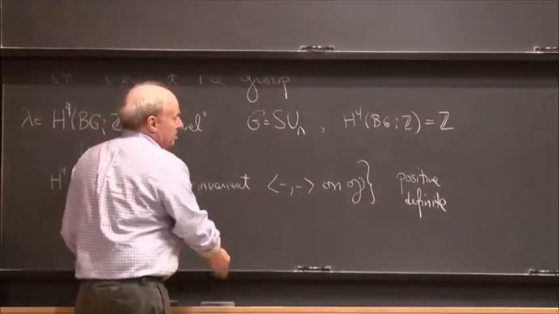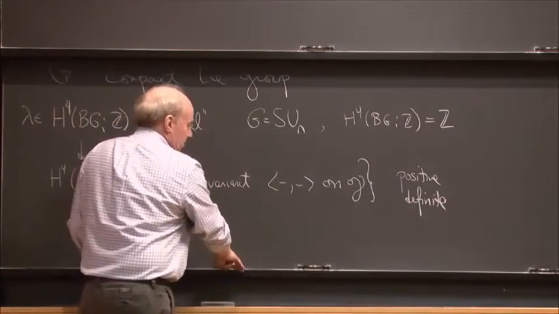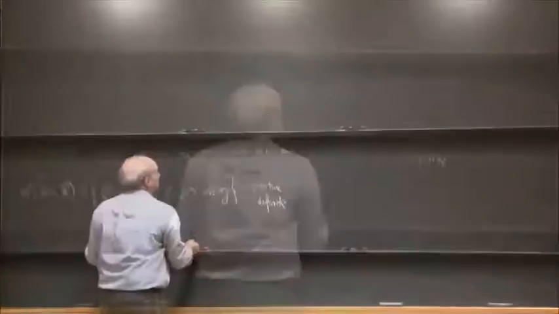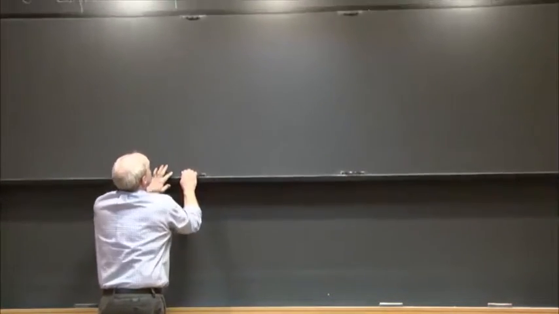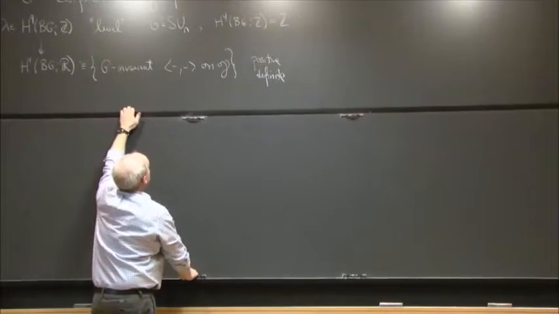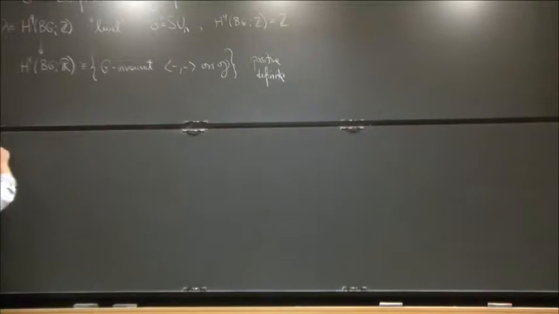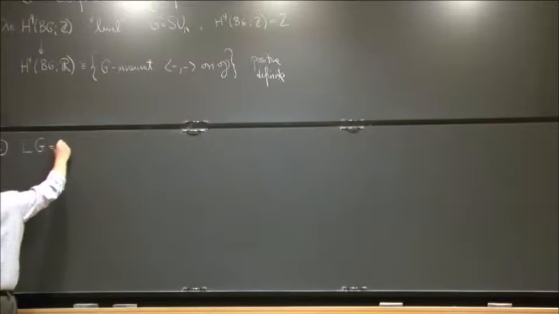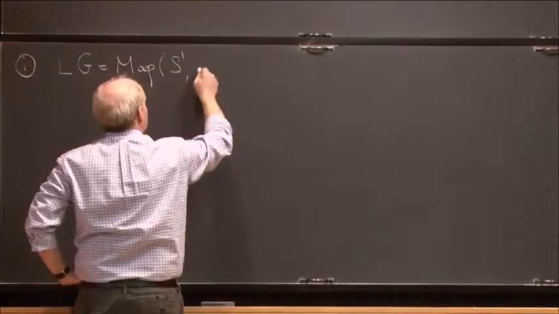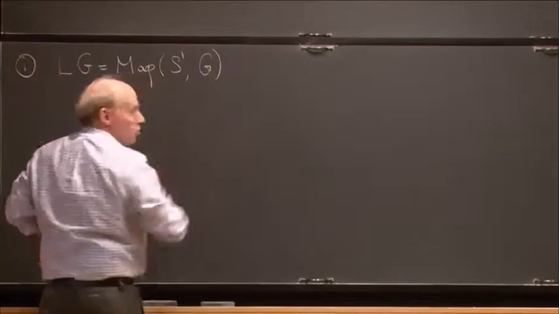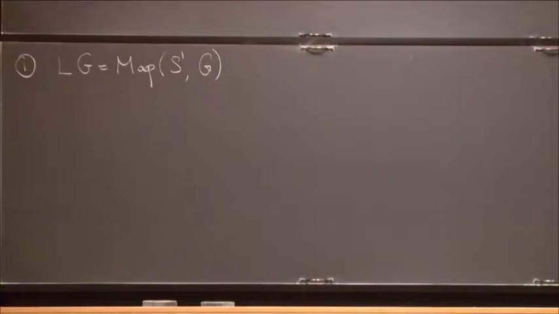Okay, so this is the starting point for lots of structure in low dimensions, and I want to single out two things that one gets by transgression. So the first thing we get is, let's let LG denote the loop group. That's the space of maps from a circle into this group. That's an infinite dimensional group just by pointwise multiplication.